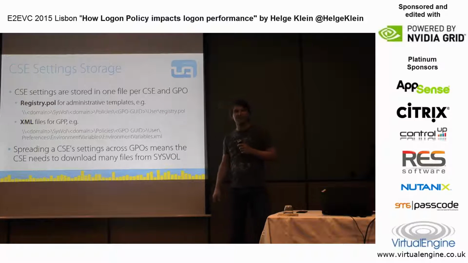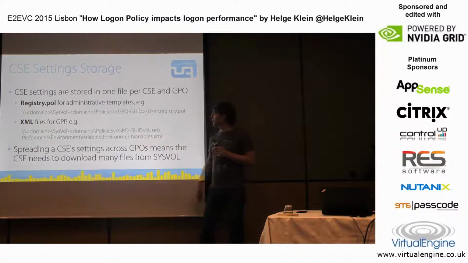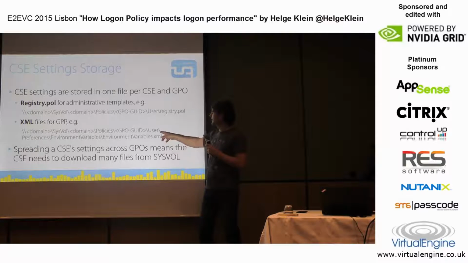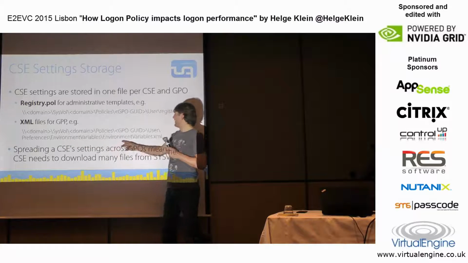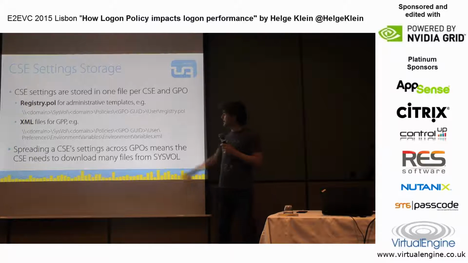Now with group policy preferences, it is different. They store their settings in XML files that are also stored in the respective group policy object directory on the domain controller, but in a different subfolder. You can see here there's user preferences, environment variables, and in case I configure something for the environment variables CSE, I've got an environment variables XML file.